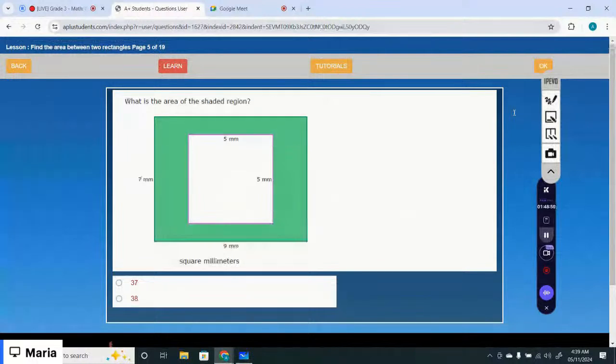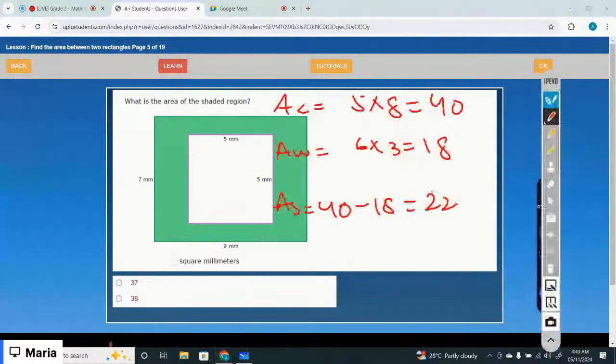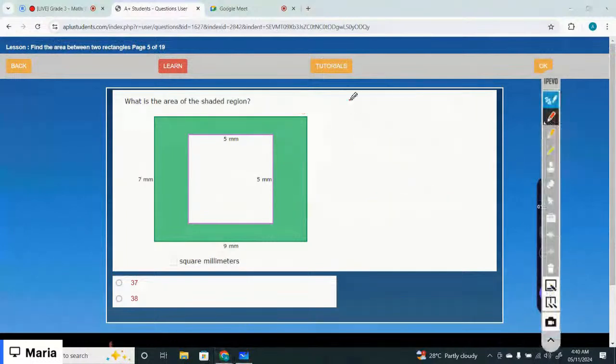What is the area of the shaded region, which is the correct option? So which is the correct option? Just calculate the area of the bigger square. That would be 9 times 7, that is 63. Then calculate the area of the smaller one, that is 5 times 3 is 15.